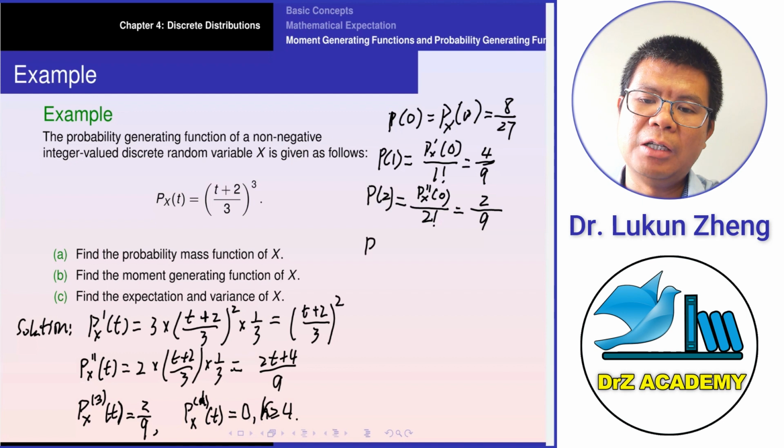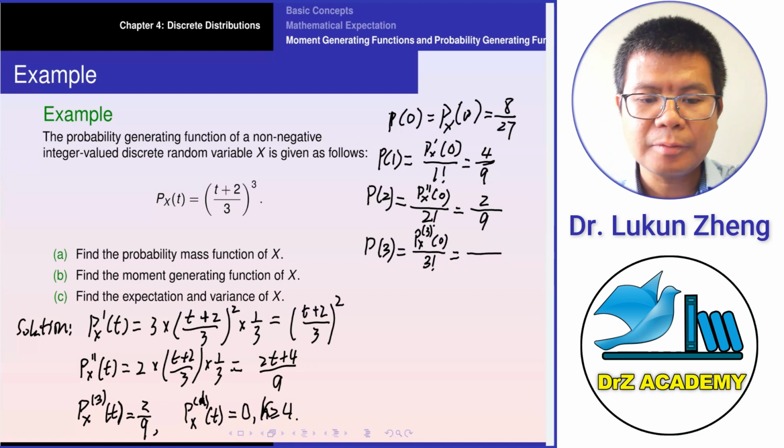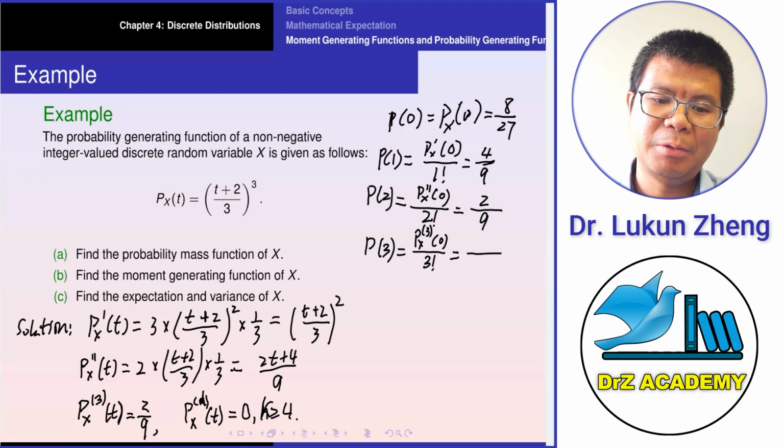And then finally P of 3 equals P_X third derivative at 0 over 3 factorial, so 2 over 9 over 6, okay, 1 over 27.